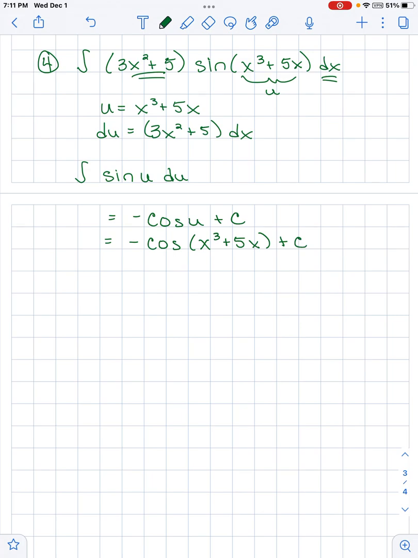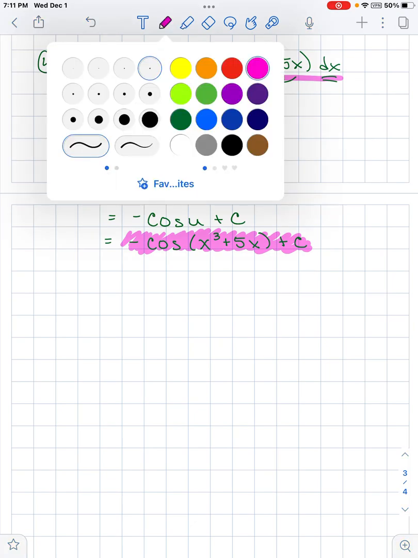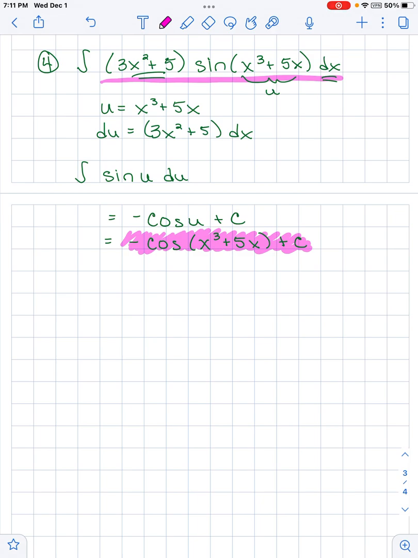Now don't forget, you can always work this forward. So this is the answer. But if you're not feeling confident that you got the answer, find the derivative of this answer. If the derivative that you found is equal to this integrand that we started with, you did it correctly. So let's try it. We'll check our answer. Find the derivative of negative cosine of x cubed plus 5x plus some constant.